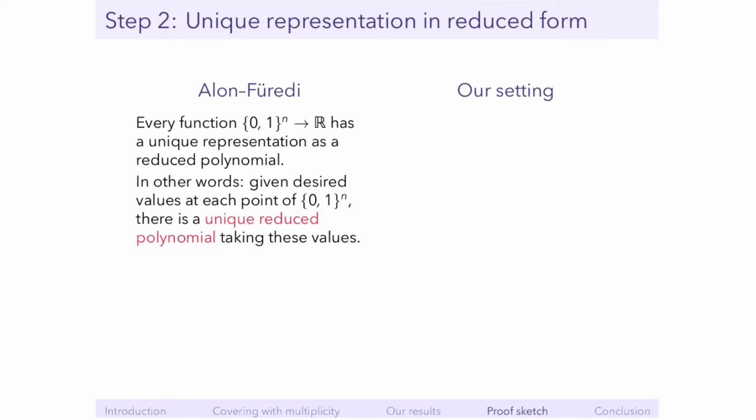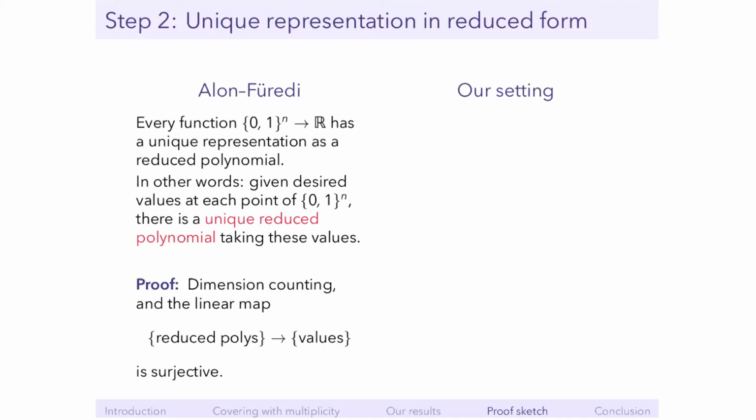Another way of saying the same thing is that if I give you the values I want a function to take at every point of the hypercube, so it has to be 5 here and negative 12 here and pi over here, if I give you those values, you can find a unique reduced polynomial that agrees with those values. And again, the proof of this is actually just linear algebra.